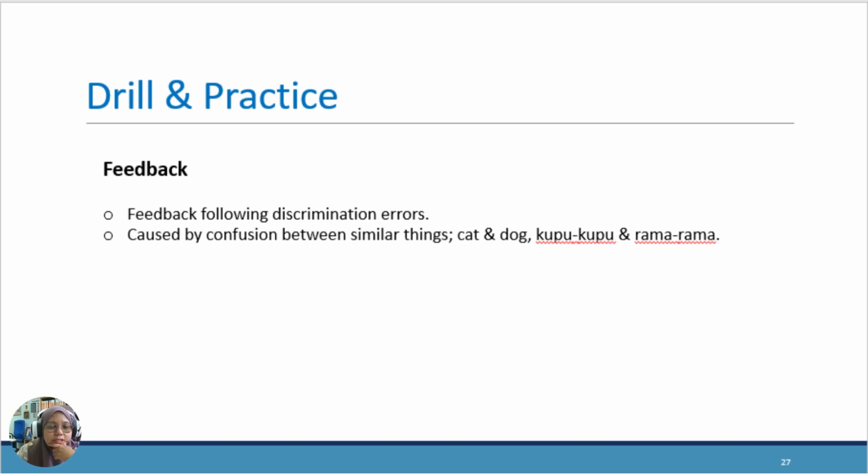Because in software or multimedia applications, we need to give our users feedback.